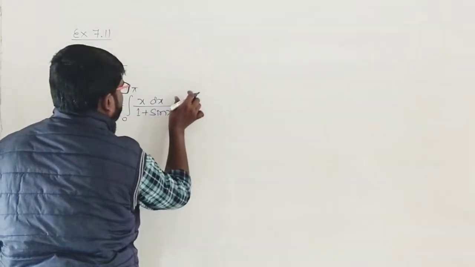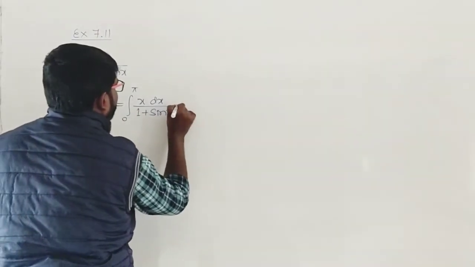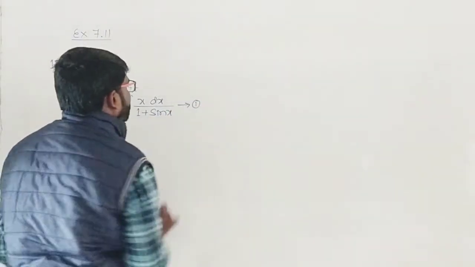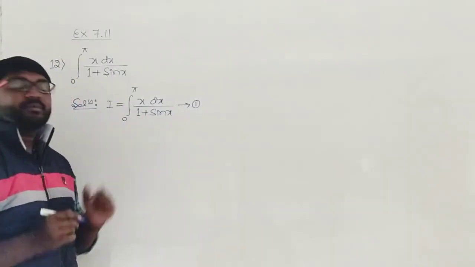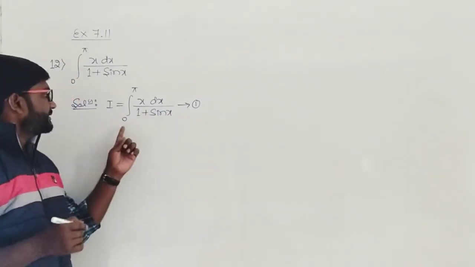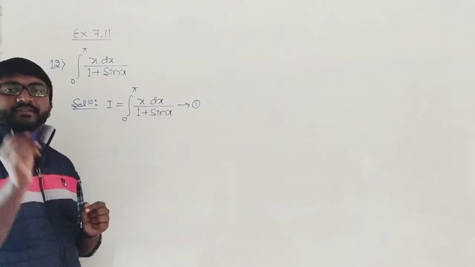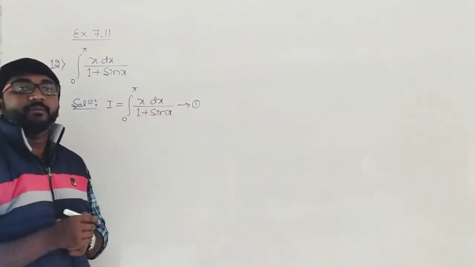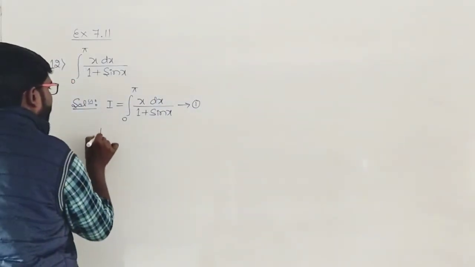Now call this as equation number 1. Now we have to make use of P4. It is integral 0 to a f of x dx can be written as 0 to a f of a minus x dx.